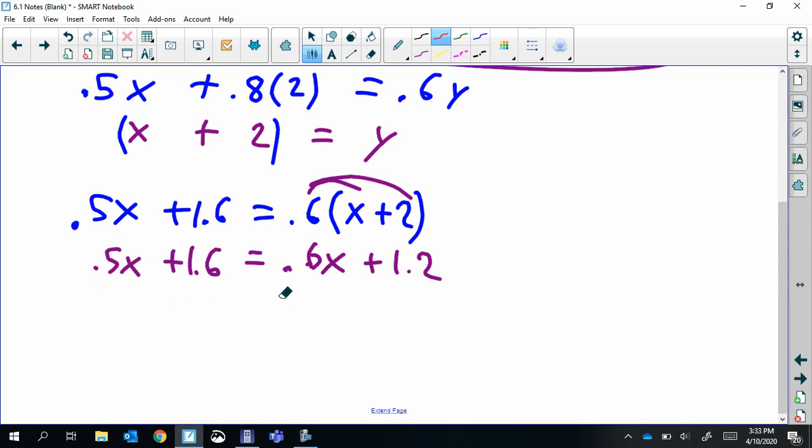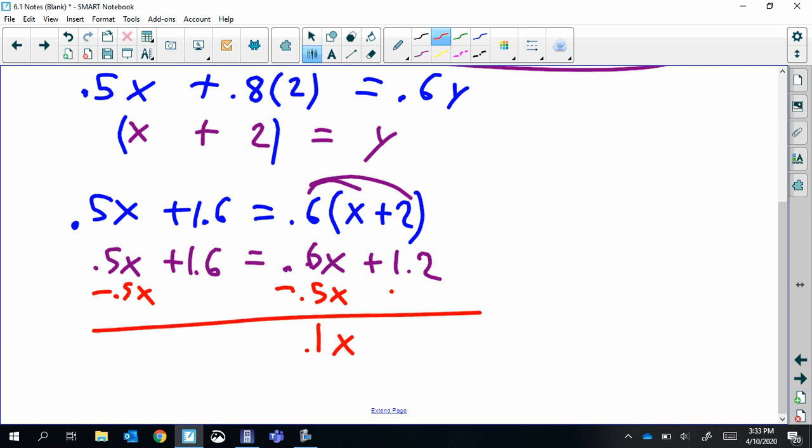So subtract the 0.5. That's 0.1x. And now we will subtract the 1.2. That is 0.4. And divide, we get x equals 4.